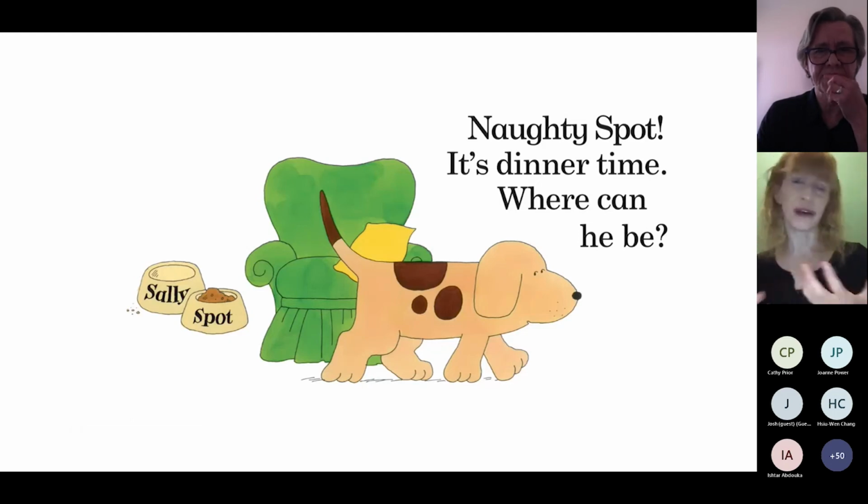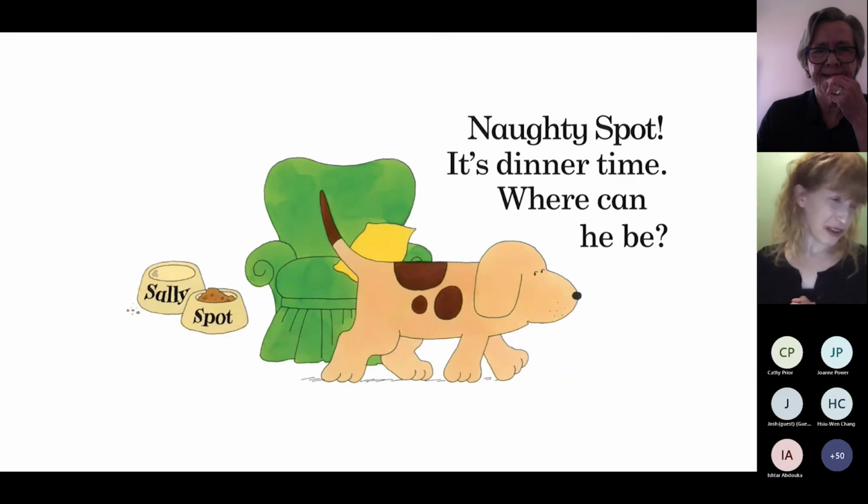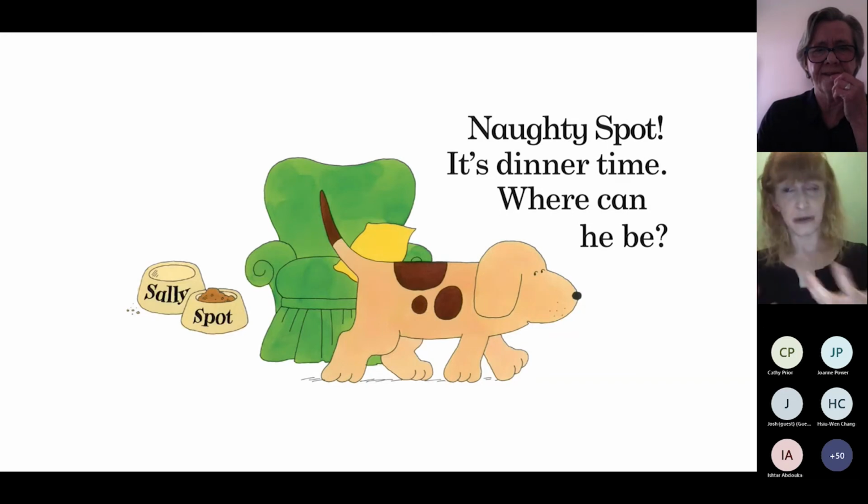And the reason I was thinking about that as well is because this is a fairly low-level book in terms of the language. It's fairly simple, but sometimes you might be doing a book activity with multiple children. So you might have a very young child and an older sibling in the room as well, and you're thinking about how you can pitch your language to different levels.